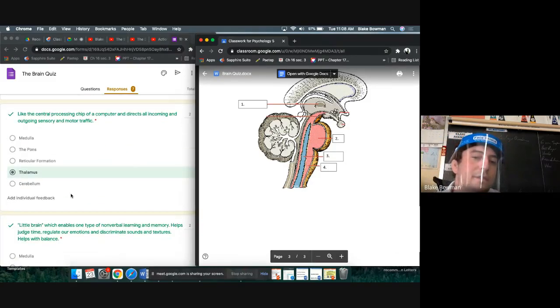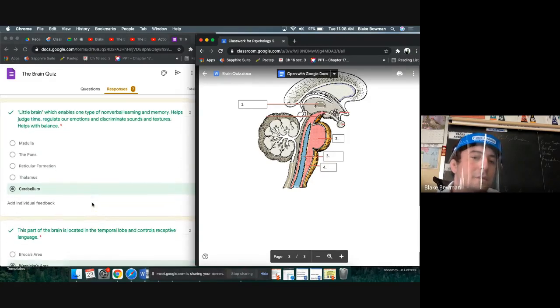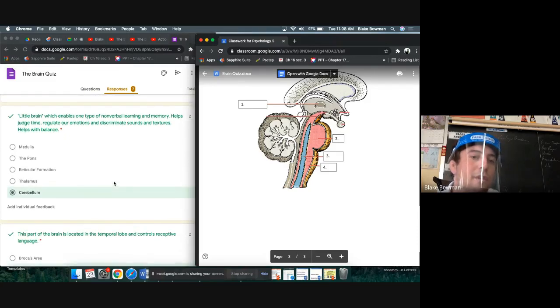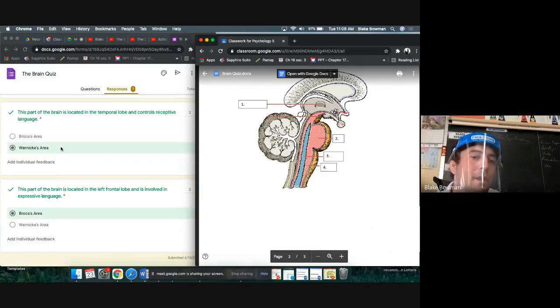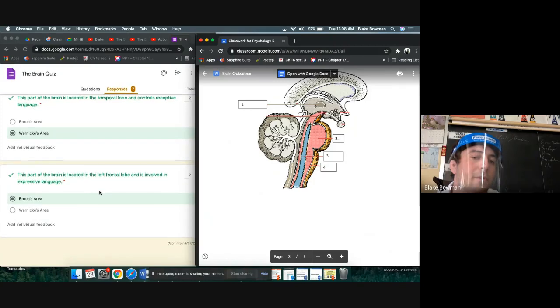Like the central processing chip of a computer, directs all incoming and outgoing sensory motor traffic: thalamus. Little brain, which enables nonverbal learning and memory, helps judge time, regulate our emotions, discriminate sounds and textures, helps with balance: cerebellum. This part of the brain is located in the temporal lobe and controls receptive language: Wernicke's area. This part is located in the left frontal lobe and is involved in expressive language: Broca's area.